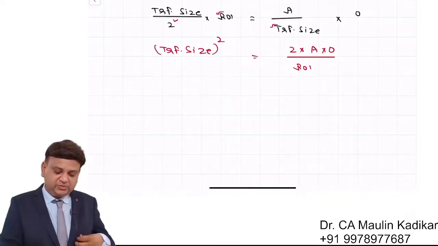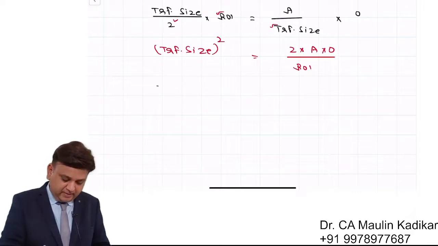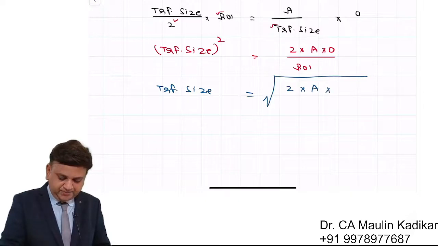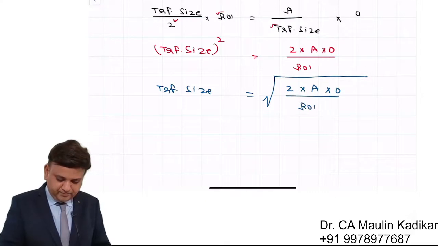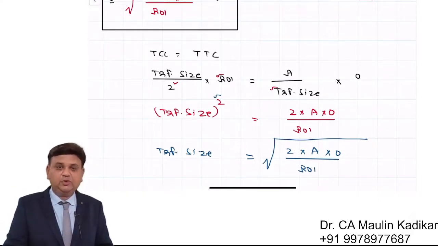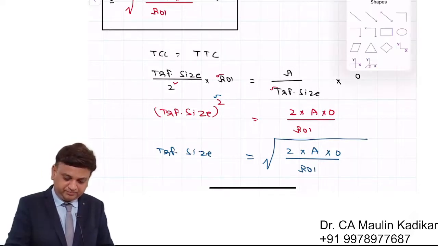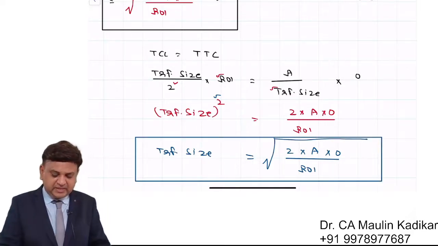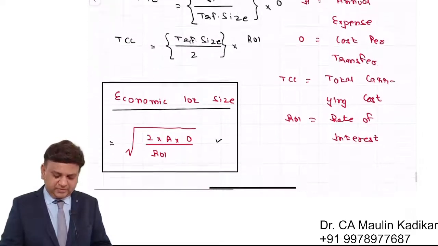Now raised to 2 is transferred on the opposite side, so transfer size is equal to root of 2 into A into O divided by rate of interest. I request all of you to take down the formula at least. This derivation is only for the purpose of understanding.